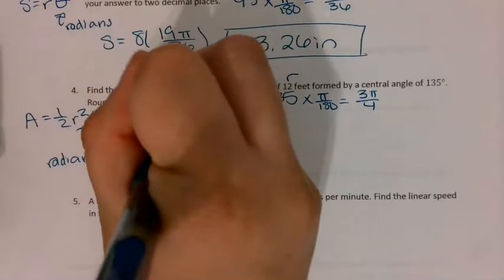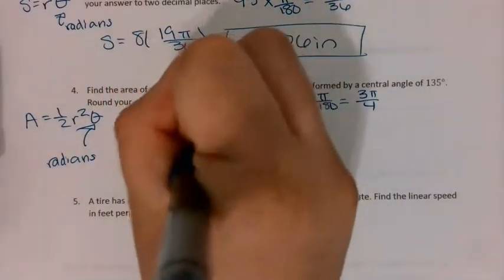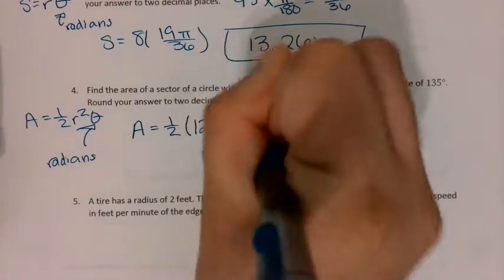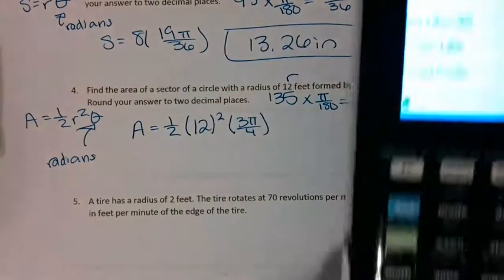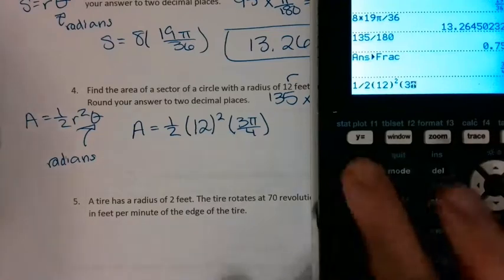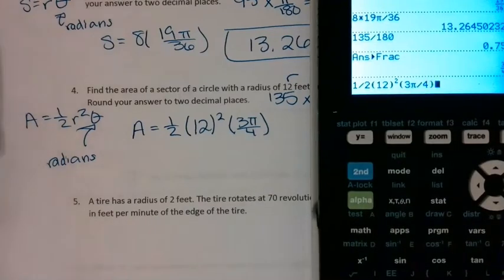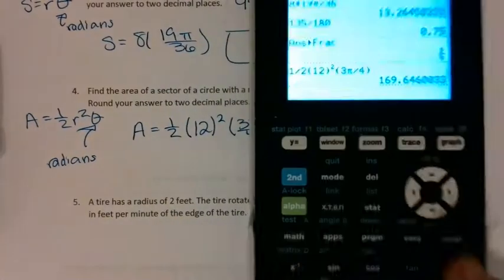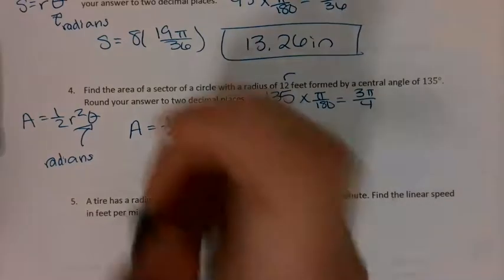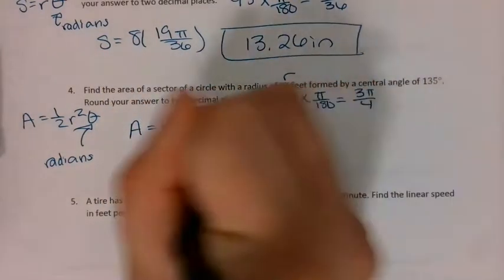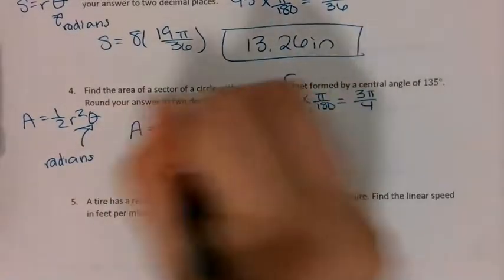I have A equals 1/2 times 12 squared times 3 pi fourths. And then I want to again type this into my calculator, which gives me 169.65 because I round. This was feet, and it's area, so it's squared.